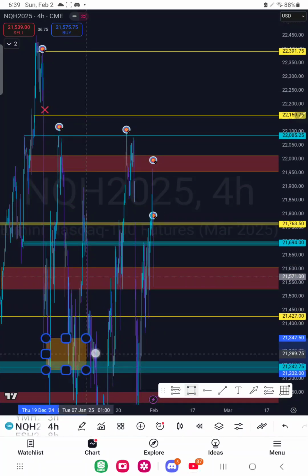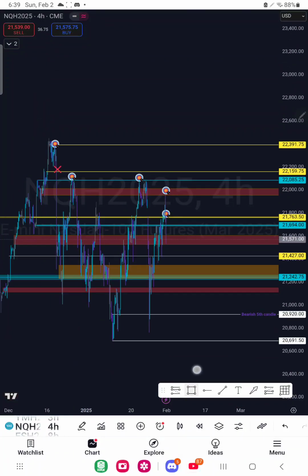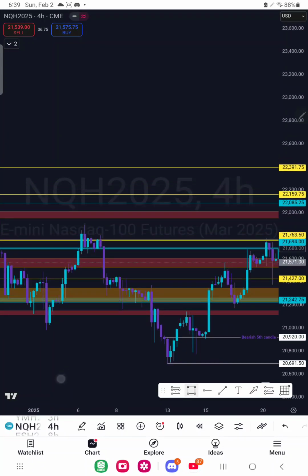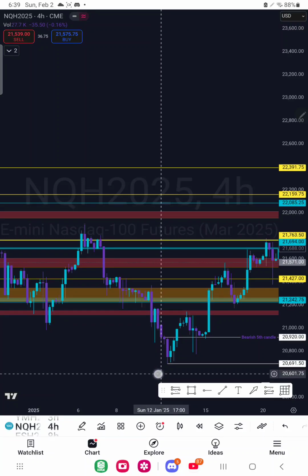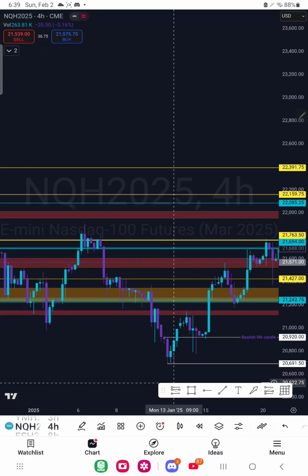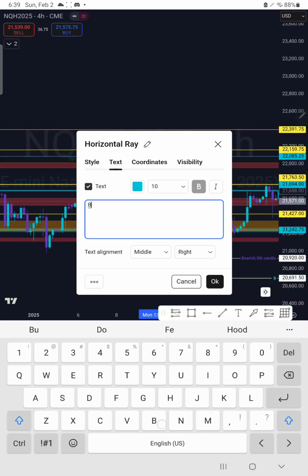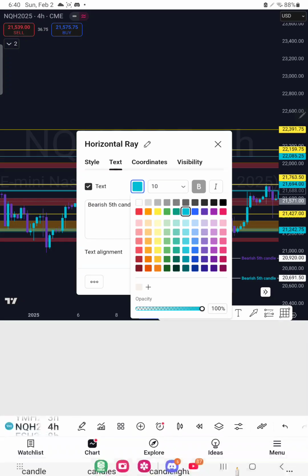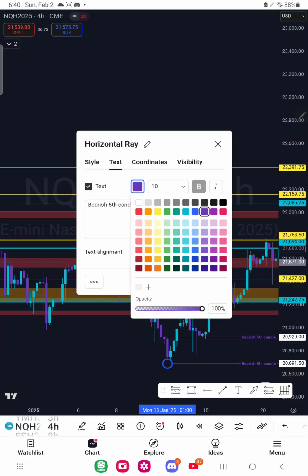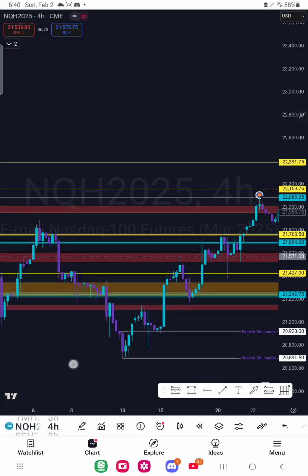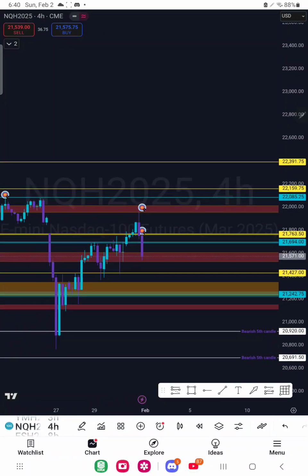It's an area for liquidity. All right, so this should probably be the same thing. 1, 2, 3, 4, 5, bearish. Okay. Go purple. All right, so I'm anticipating sales once we get to this area right here.